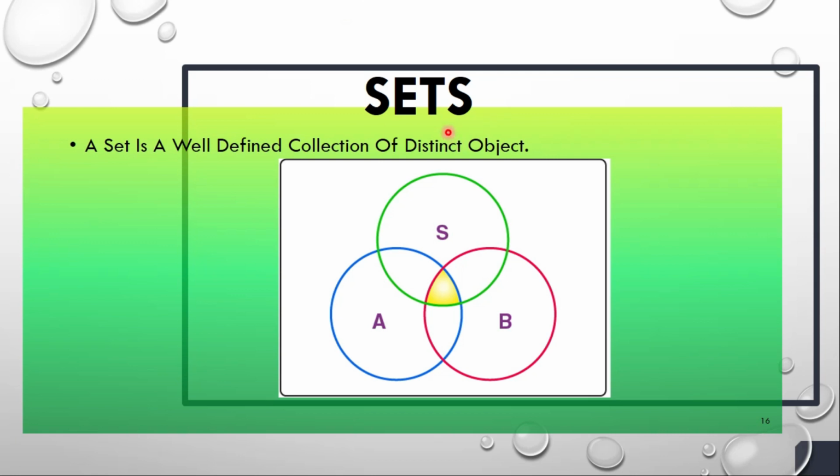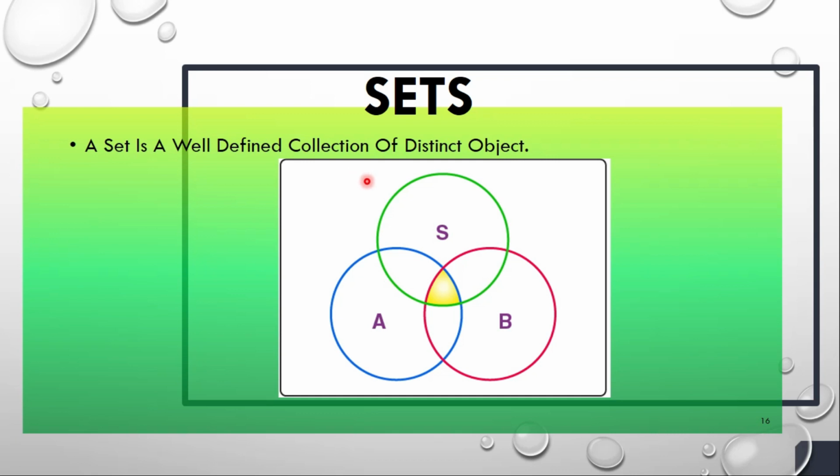For example, if you define some set, a set is a well-defined collection of distinct objects. For example, the power plants: we have different power plants near our area or in our country. We can call them power plant number 1, power plant number 2, power plant number 3, and similarly we can call cities city number 1, city number 2, city number 3.